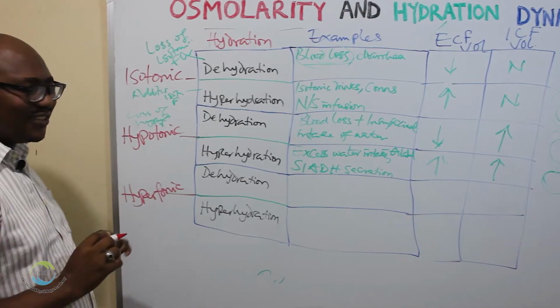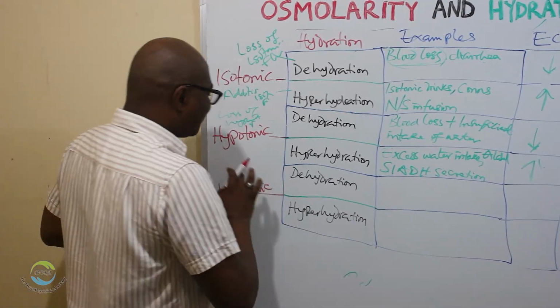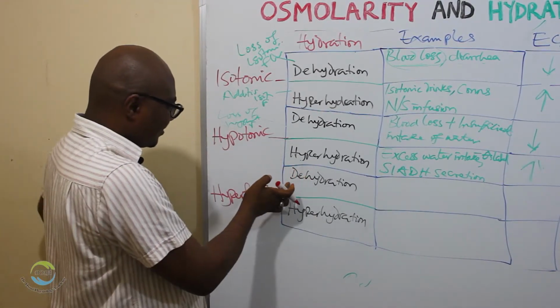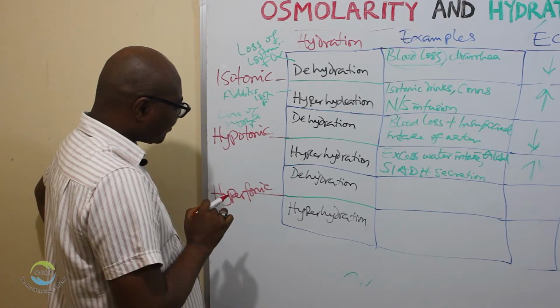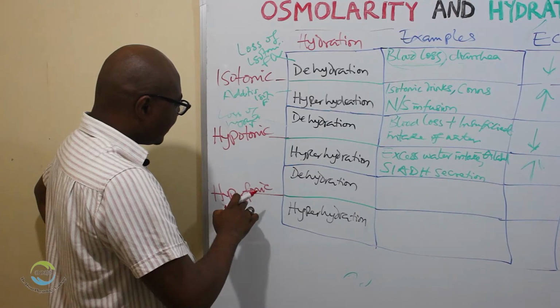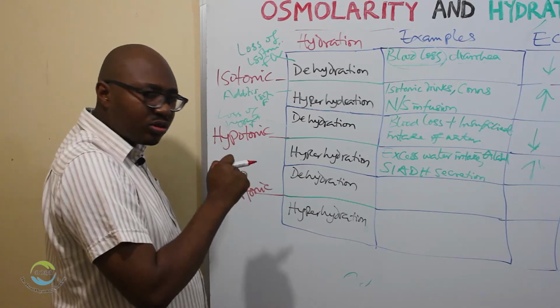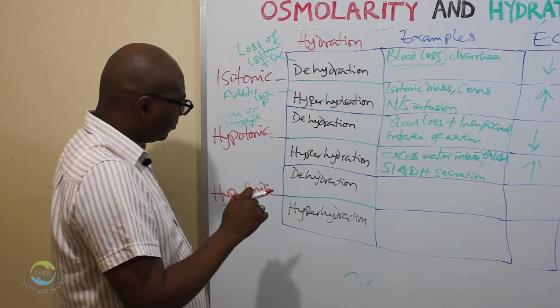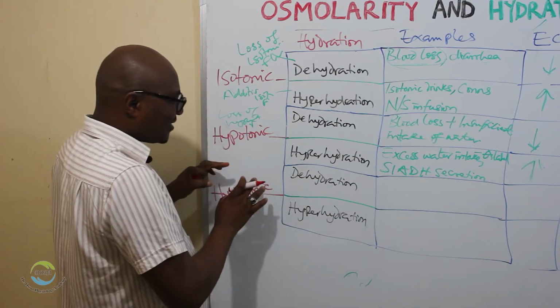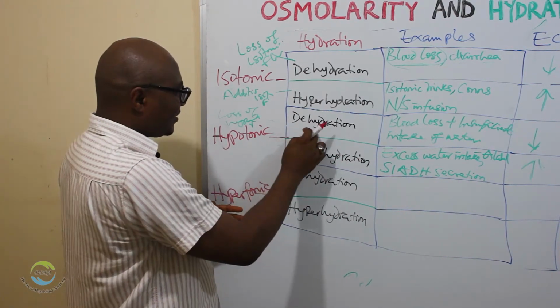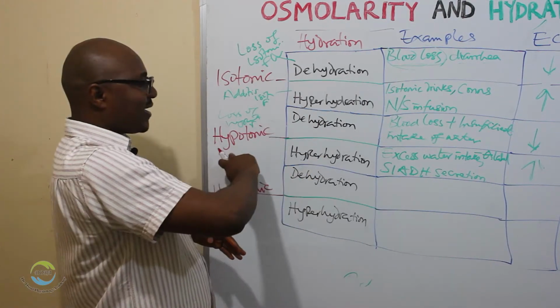hypertonic dehydration. In this place, you are losing what kind of fluid to make it hypertonic? You are losing hypotonic fluid. Remember, if you are losing isotonic fluid, it will remain the same. If you are losing hypertonic fluid, it will make it hypotonic.